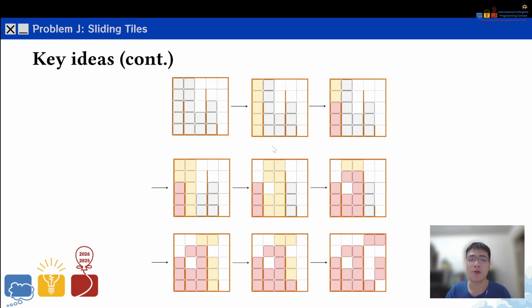Now we move on to the third column. For the third column, there are 2 tiles, so we perform a range addition to those 2 rows. So the counters for these rows are 2, 1, 2 respectively.